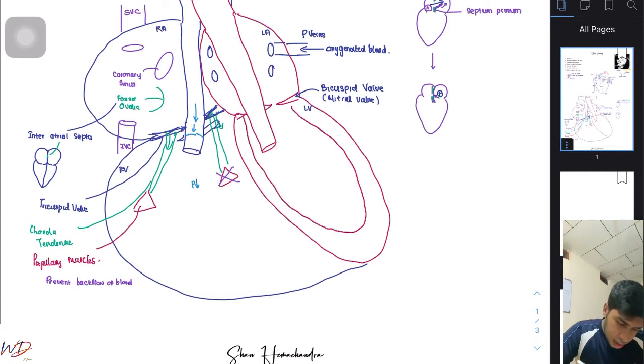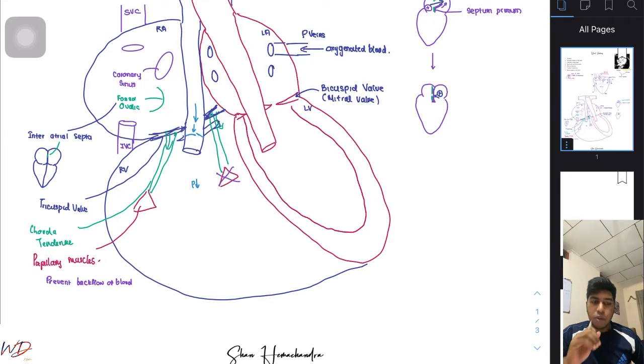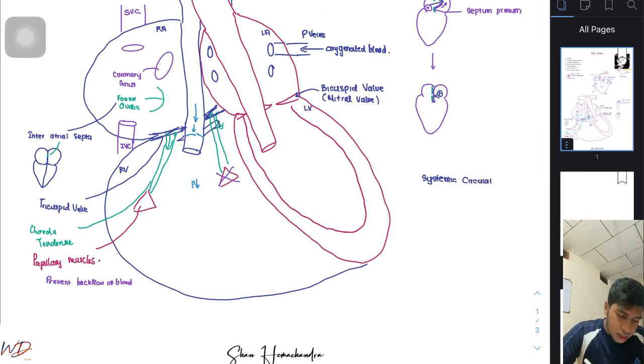And I hope you know, the left ventricle is the thickest part of the heart. Compared to the other chambers, this is the thickest wall because it has to pump blood to the whole body. The right ventricle only has to pump blood to the lungs. So there are 2 types of circulations. The first one is called the systemic circulation.